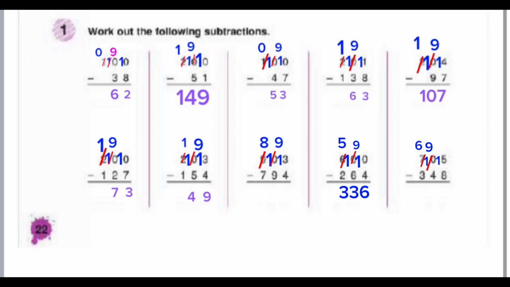So now 15 minus 8 is 7, 9 minus 4 is 5, and 6 minus 3 is 3. So the answer is 357. Exercises 3 and 4 can be solved by the same method, so I'll send them in a PDF.